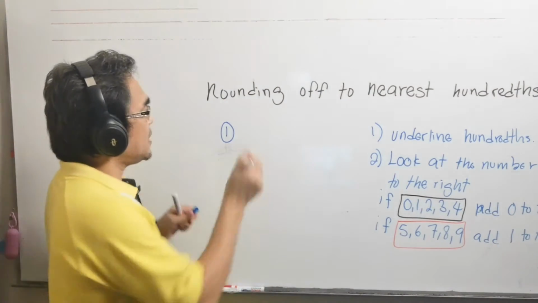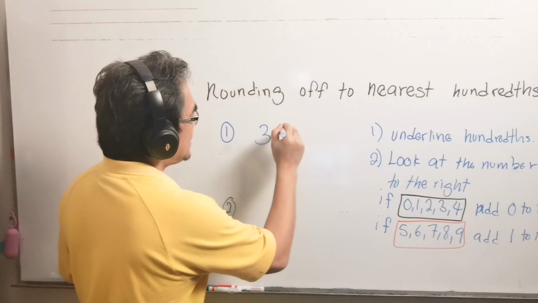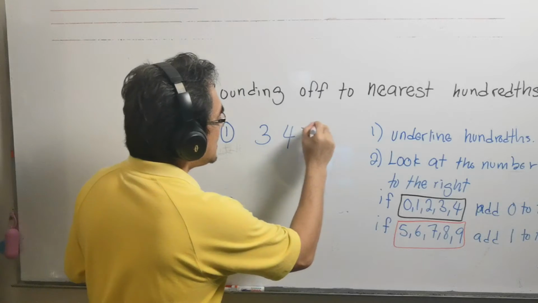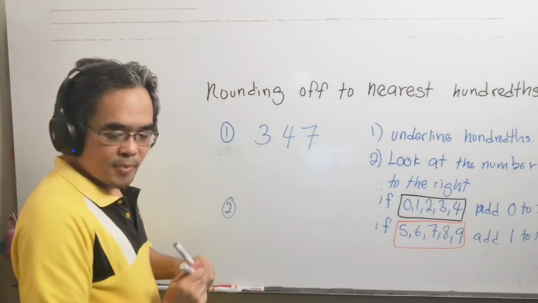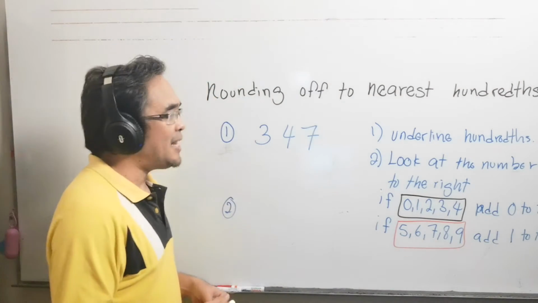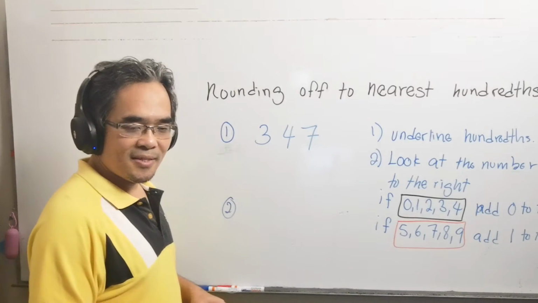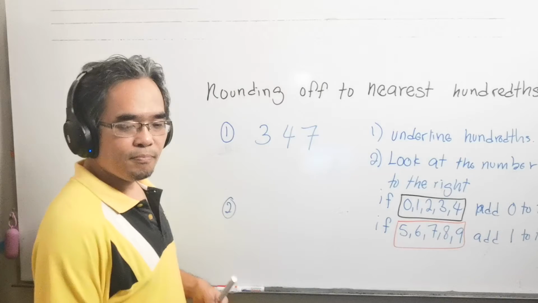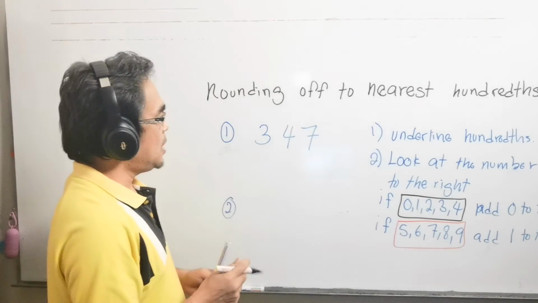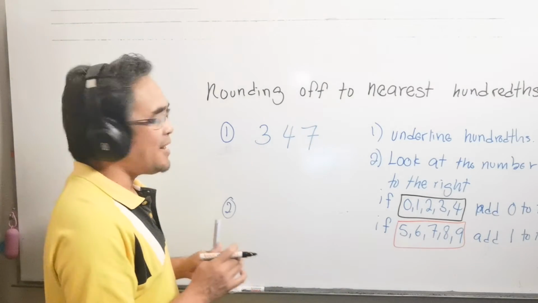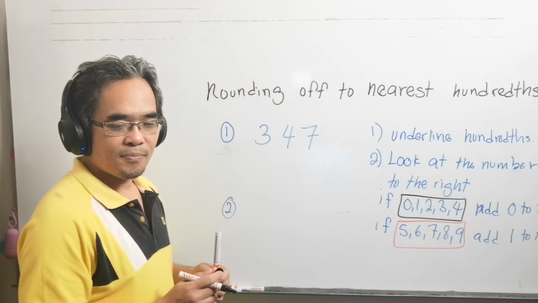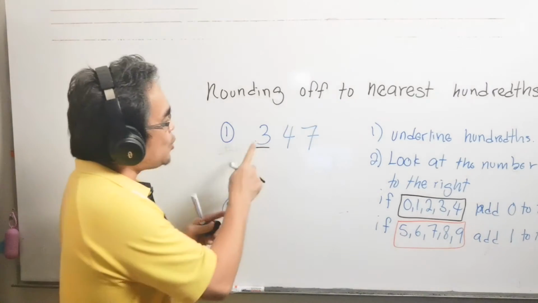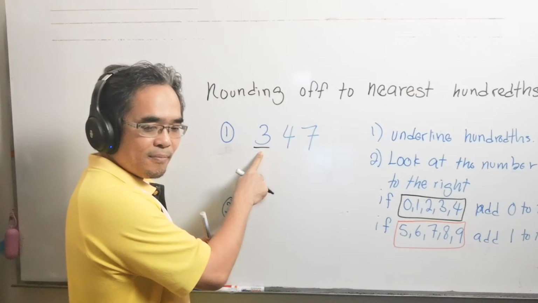Now 347. Which number should I underline to the nearest 100? Which one is 100? 3. Underline 3. And do I add 1 to 3 or not?